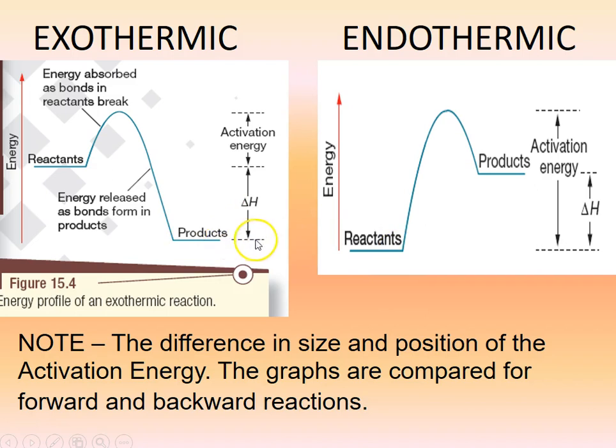So the one diagram could be read different ways. So forward reaction, respiration, backwards reaction, photosynthesis. So we can work out this is the activation energy for the forward reaction. And if we looked at it, this would be the activation energy for the back reaction.